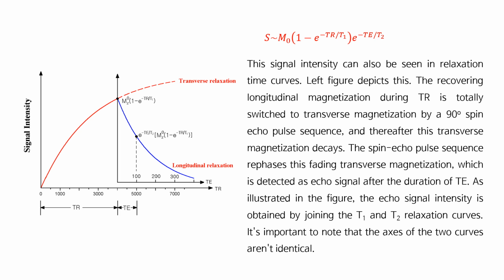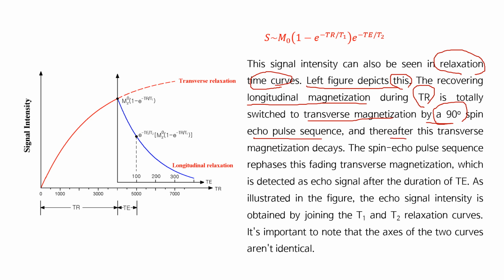This signal intensity can also be seen in relaxation time curves. The left figure depicts this. The recovering longitudinal magnetization during TR is totally switched to transverse magnetization by a 90-degree spin echo pulse sequence, and thereafter this transverse magnetization decays.